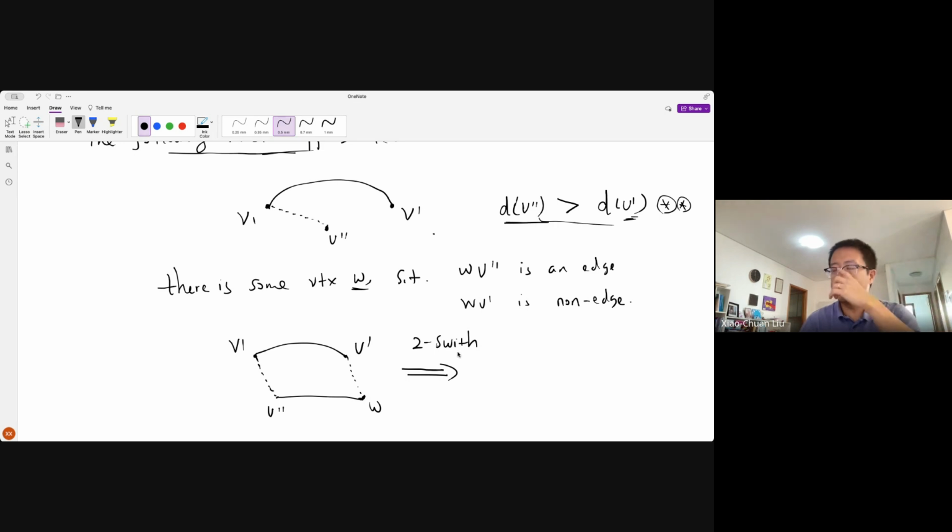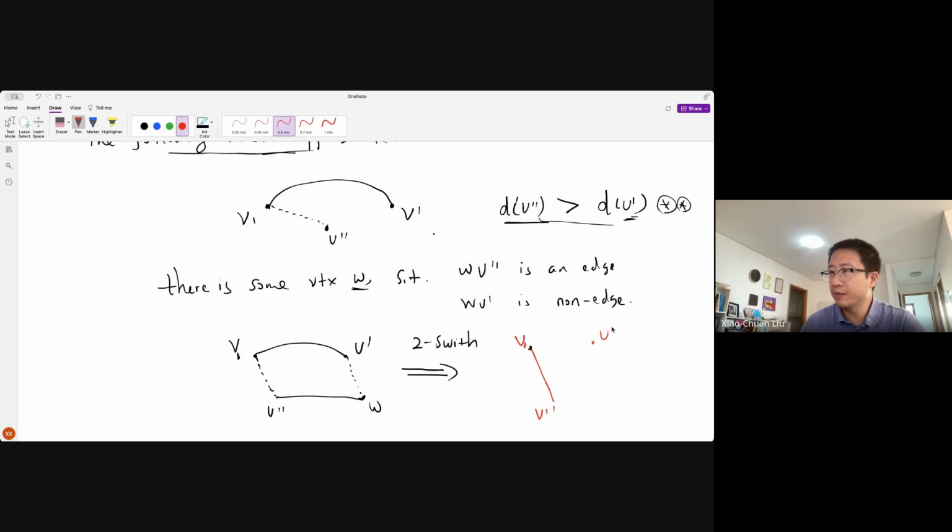It's really simple. We delete these two edges and we add these two edges. You see? Maybe I change the color. So this is V prime, I draw here V prime prime. This is V1.